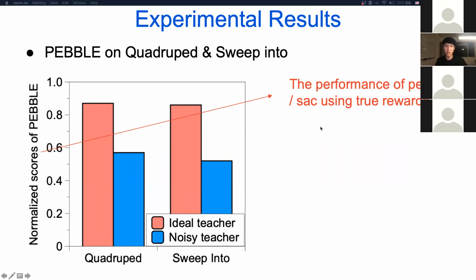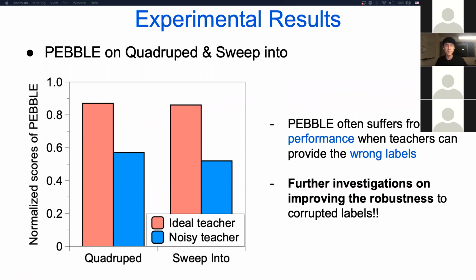And here, the red bar corresponds to the relative performance of PEBBLE on the ideal teacher, which always provides a clean label. And the blue bar corresponds to the performance on the noisy teacher, which provides a wrong label with 10% probability. One can note that PEBBLE suffers from poor performance when the teacher can provide a wrong label on both environments.